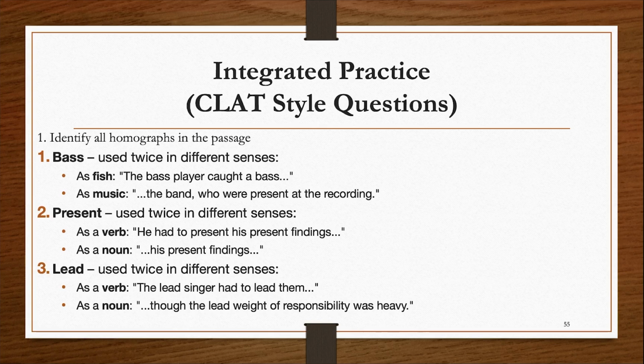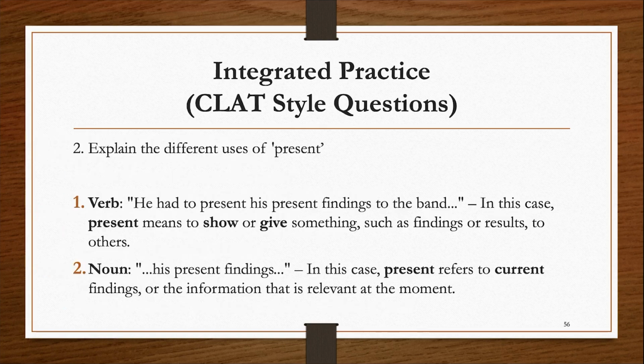Again, lead: the lead singer had to lead them, though the lead weight of responsibility was heavy, as a noun here. Second, the uses of present. He had to present his present findings to the band. In this case, as a verb, present means to show or give something, such as findings or results, to others. Whereas as a noun, his present findings, present refers to the current findings or the information that is relevant at the moment.